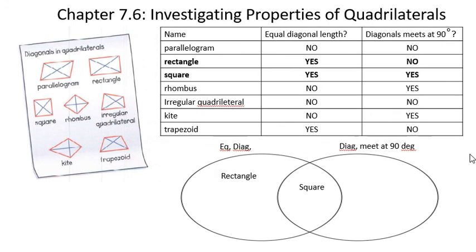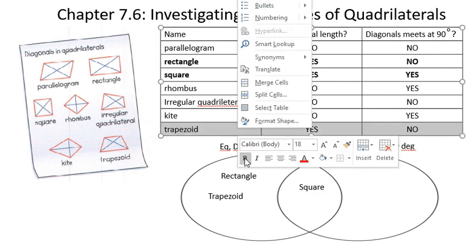Let's look for any more that have equal diagonals but don't meet at 90 degrees. There's the trapezoid, so I can put the trapezoid right here. So I have labeled these. Square has equal diagonals and diagonals that meet at 90 degrees, and rectangle and trapezoid have equal diagonals, but the diagonals do not meet at 90 degrees. I can highlight that one so I don't choose it again.